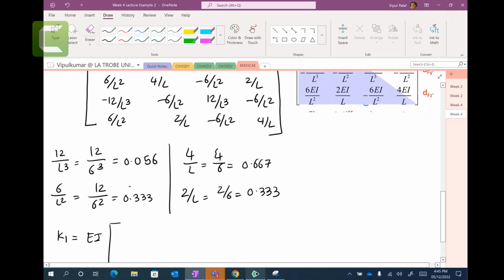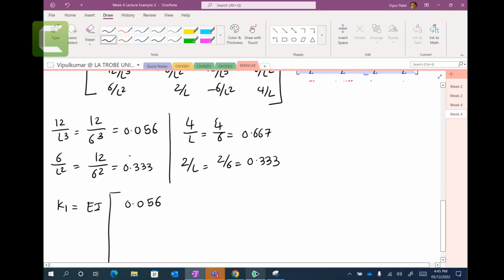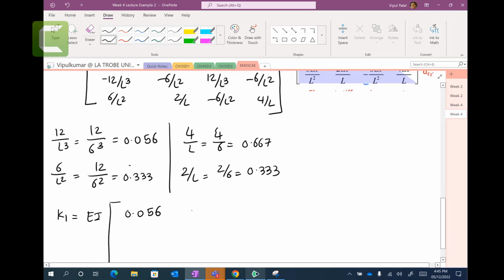So let's plug the values into K1, EI. You get 12 on L cubed, 0.056. 6 on L square, 0.333. Oh, here you go, some mistake here. 6 on L square: 6 divided by 6 square, you get 0.167. Just correct this one.